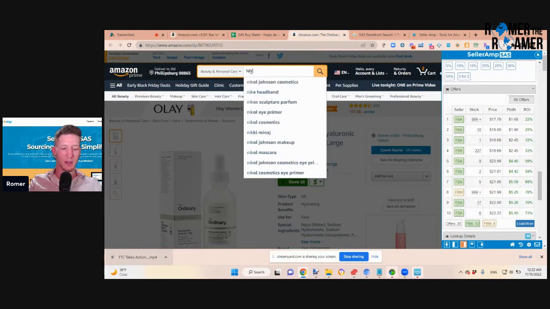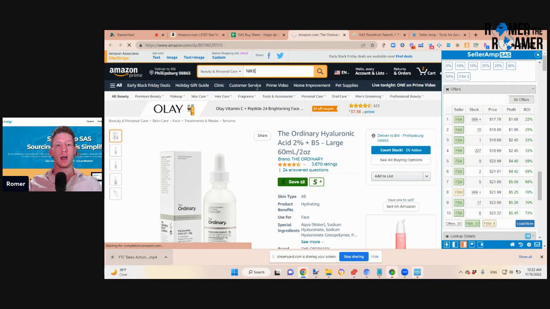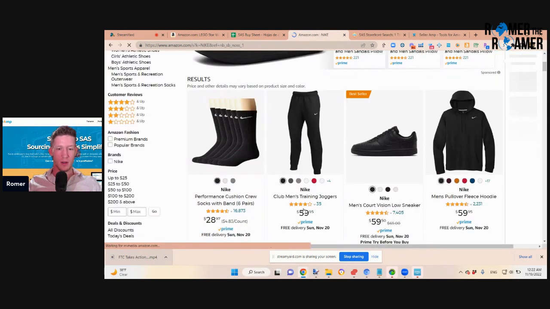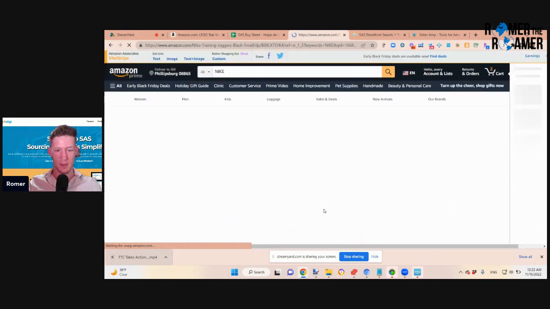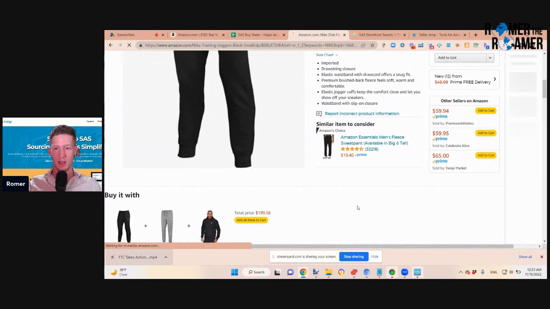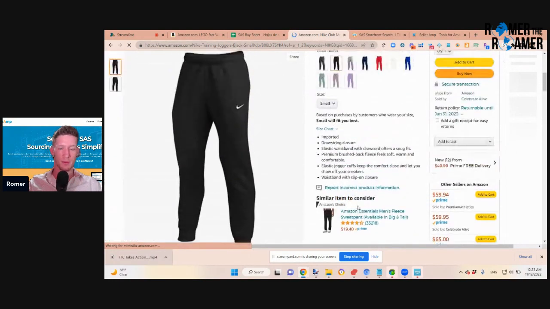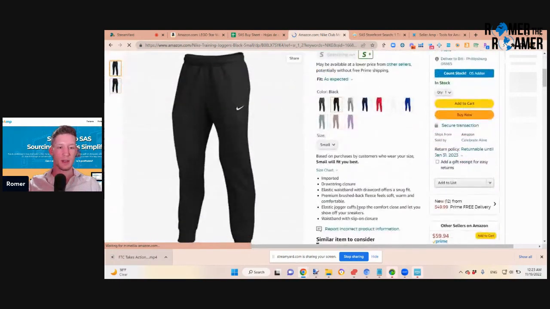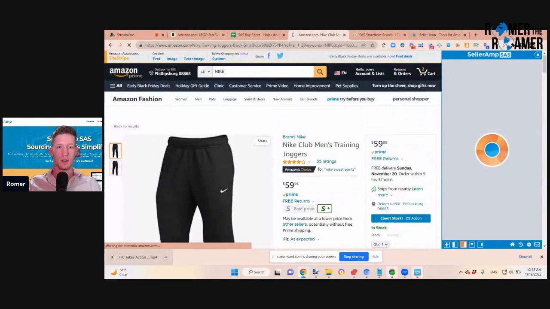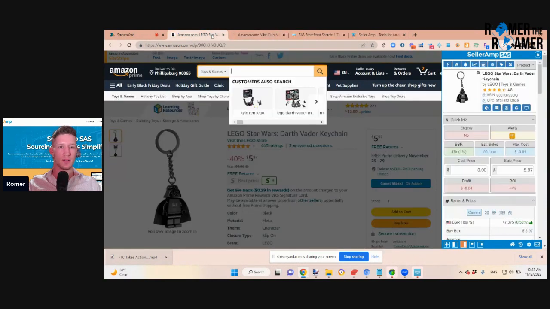So if we type in Nike at the top, now we know that Nike doesn't sell wholesale. So we know that all these people are online arbitrage people. They're just people flipping products online, making tons of profit from their laptop. So we know that we can look at their stores and we know that they're making profit off the products they're selling. So we can look at their products and see if we can find them on other websites.